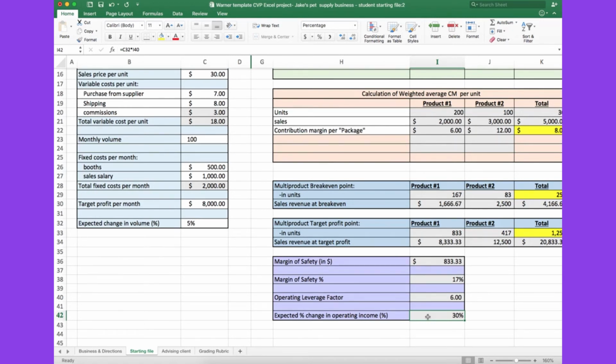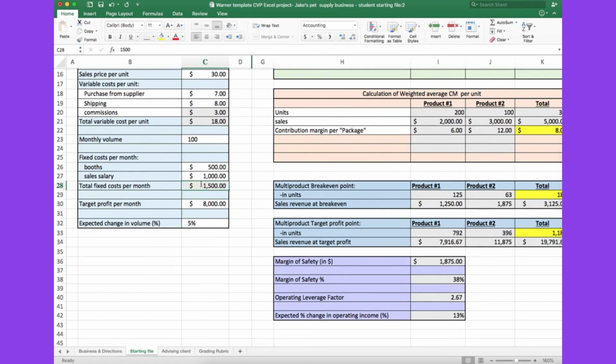Now, 30% of a smaller dollar amount might be a smaller actual dollar value of income increase. But what we're interested in here is just what happens with our change in sales volume versus our change in profit. So again, I switched it back to 1500.